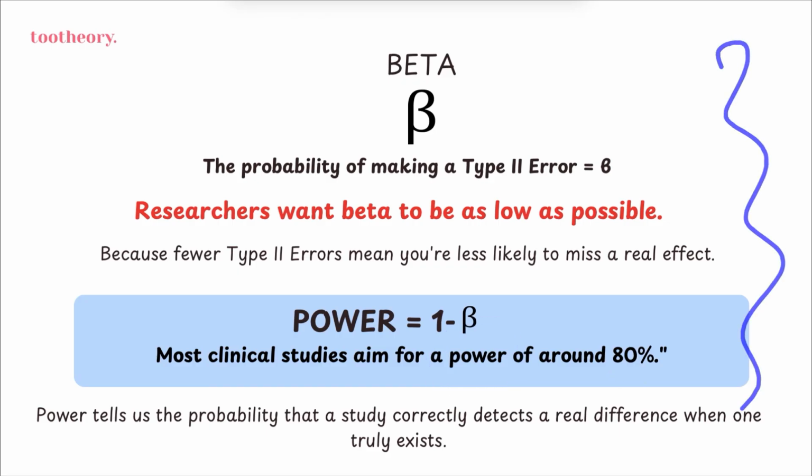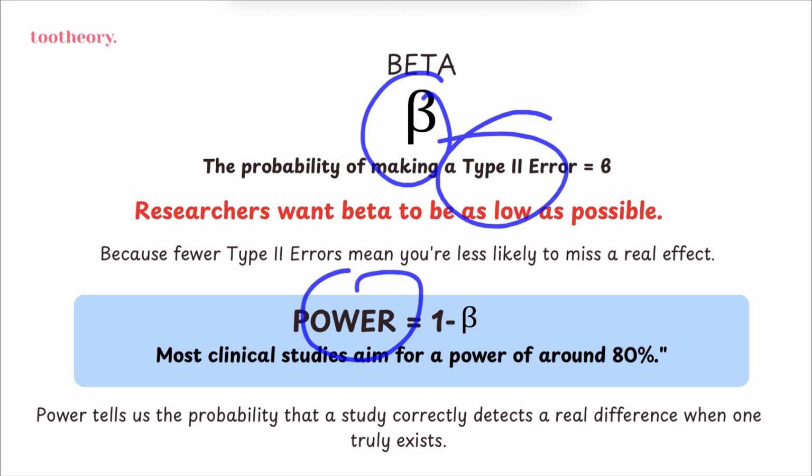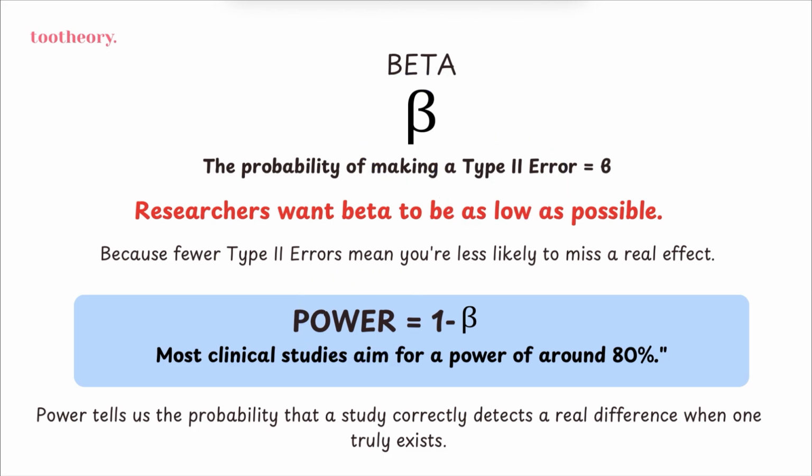Now, I won't go into too much detail about this here because this is exactly what our next video is going to be about, and I'm going to link that in the description so you can have a look at it to understand the topic better. The important thing to know here is how beta, power, and type 2 errors are linked together.